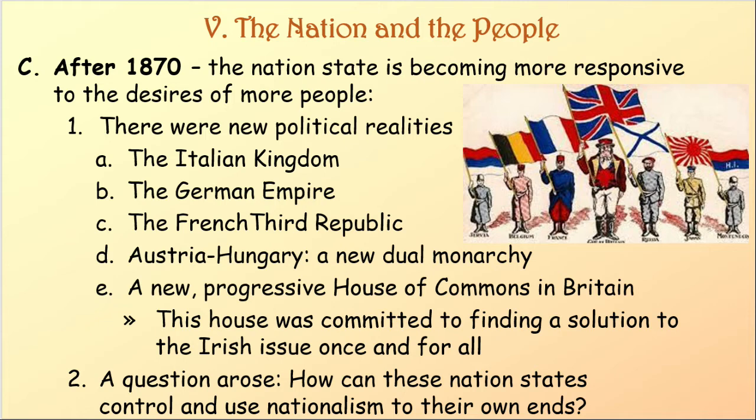And we've studied all of those previously. This House was committed to finding a solution to the Irish issue once and for all. We studied that. And so a question arose: how can these nation states control and use nationalism to their own ends? So we see nationalism becoming institutionalized by these nation states, don't we?